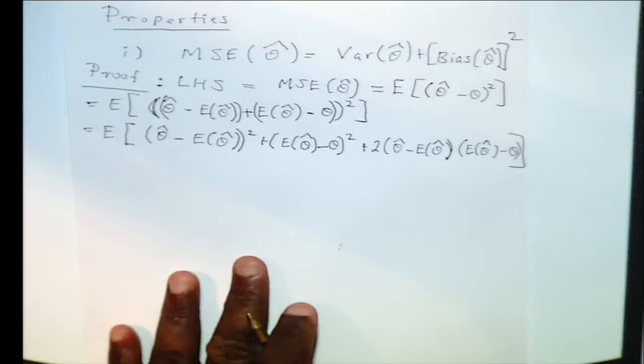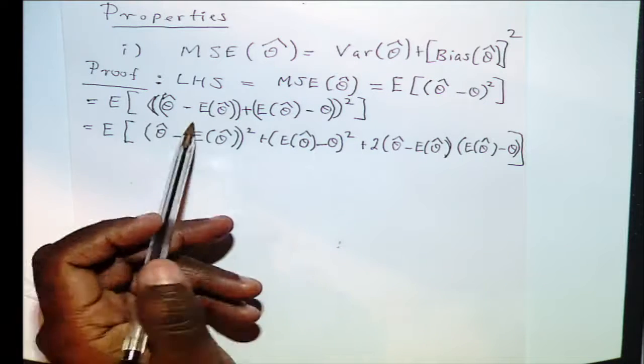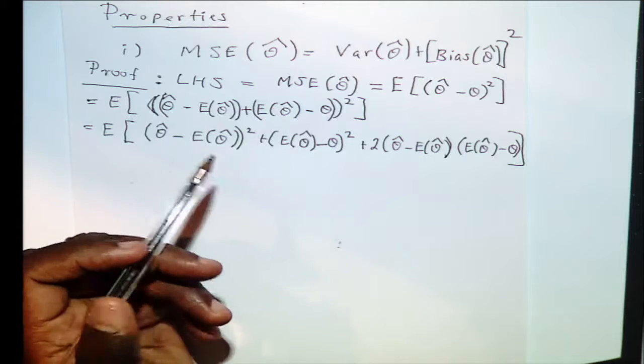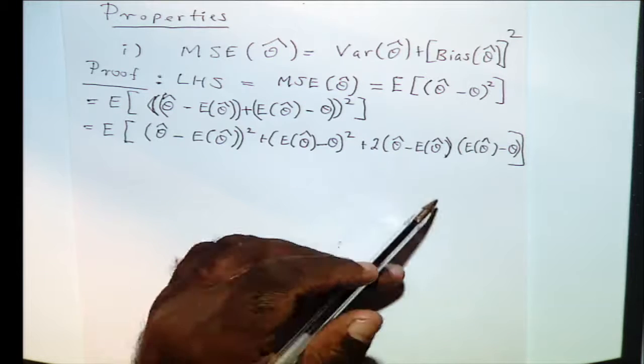Is that clear, guys? Can you see what I've done? I'll just open the bracket, right? You open (a plus b) squared, you get a squared plus b squared plus 2ab. So you get these three terms, right?